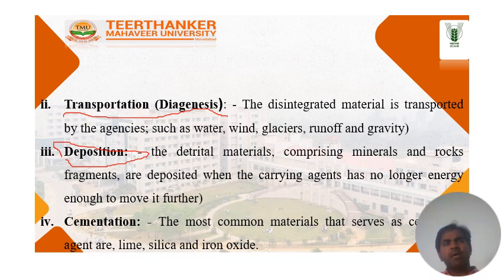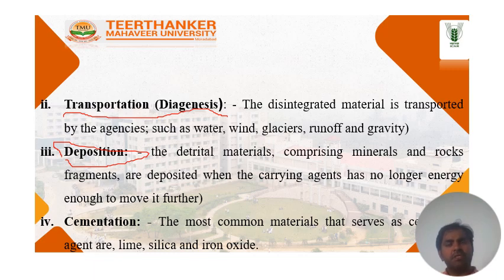Whenever the rainfall is very heavy, the particles are transferred very fast, cutting and transferring from one place. After that, if the rainfall stops and the speed of the running water slowly decreases, then the settling of the particles starts. In the same way, gravitational force also works on the settling of particles.